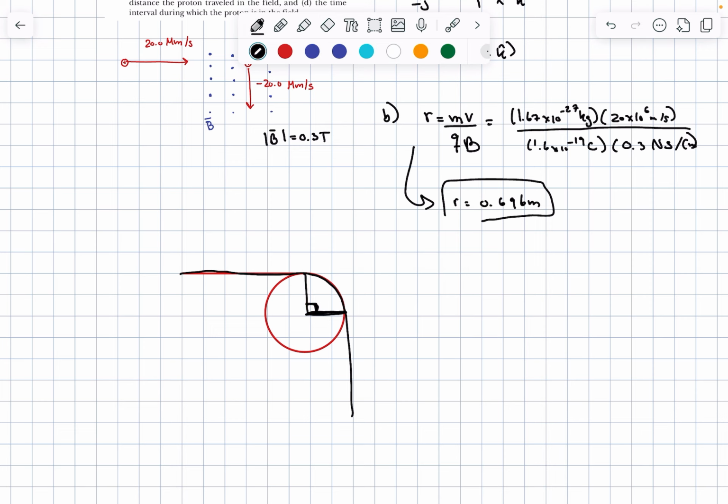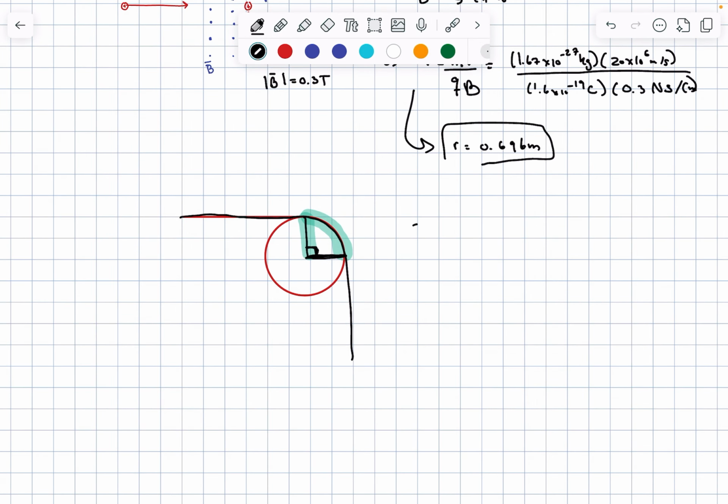We know there's a relationship between the amount of path we covered along the circumference, the radius and the angle. So we know that S, the path in purple here, is equal to theta times R. So S is equal to pi over 2, because this has to be in radians, times 0.696 meters.